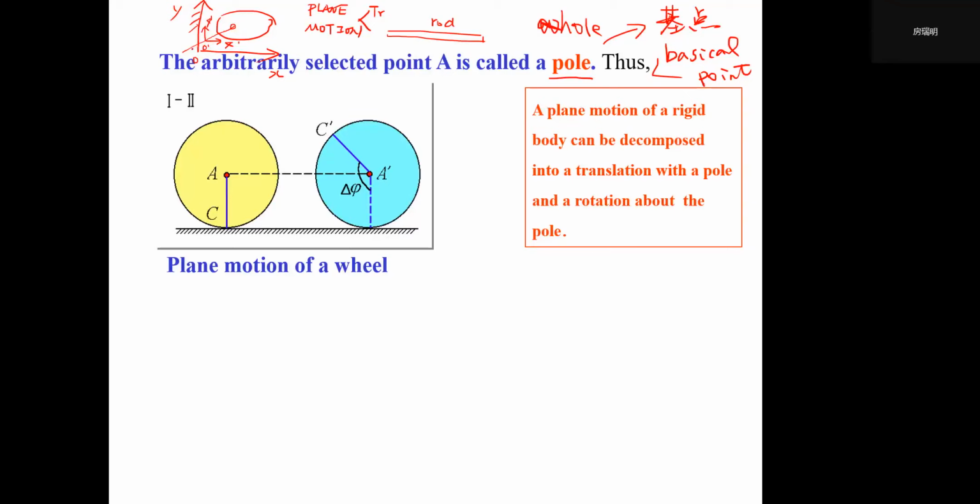That means this pole, this rod and this MCS have to move with this plane.